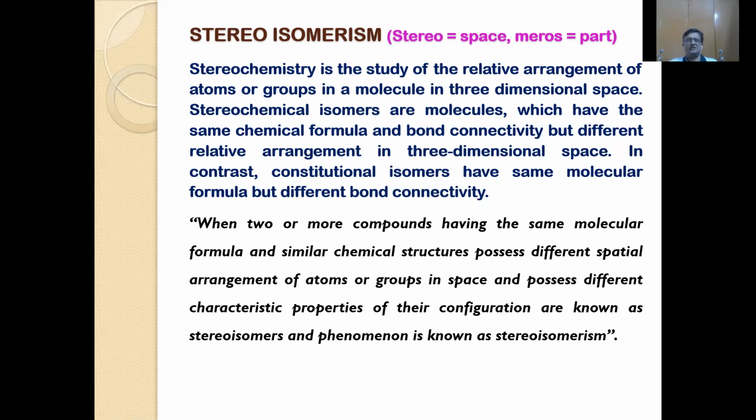So, in a better way, we can define it such that two or more compounds having the same molecular formula and similar chemical structures possess different spatial arrangements. Spatial, S-P-A-T-I-A-L, means the arrangement of atoms or groups in three-dimensional space.